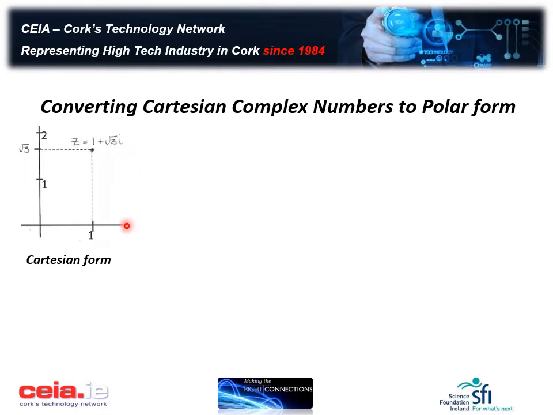And complex numbers are often represented in what's called an Argand plane, and this is called an Argand diagram. The Argand diagram has two axes. On the horizontal axis is real numbers, and on the vertical axis is imaginary numbers. So this is a very typical complex number represented in Cartesian form.